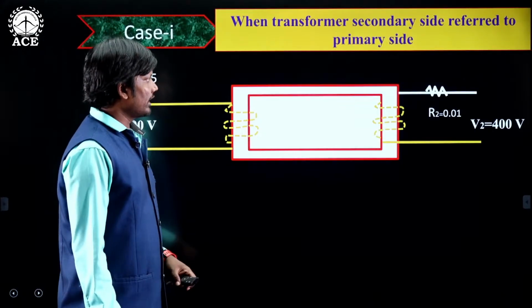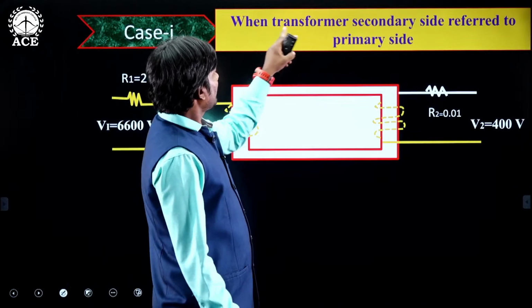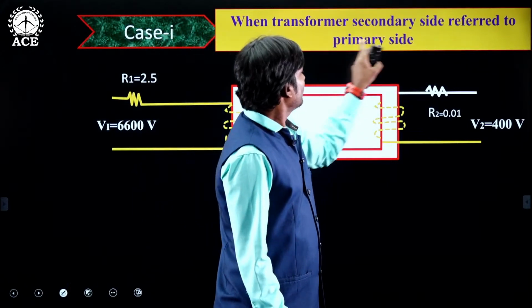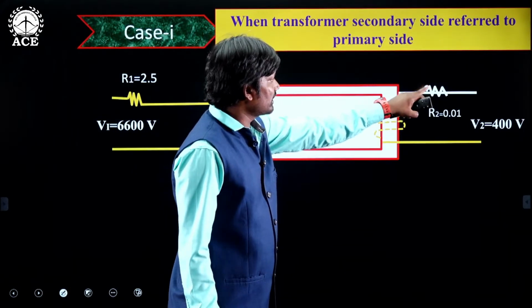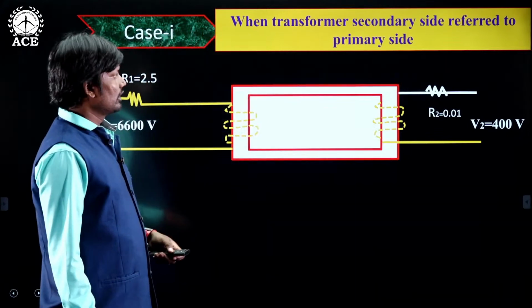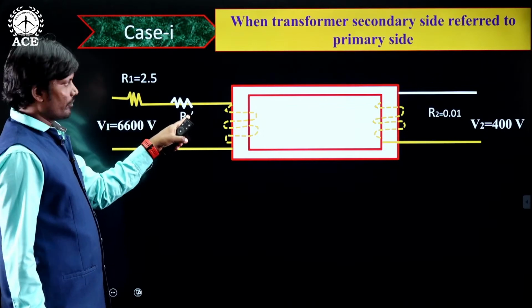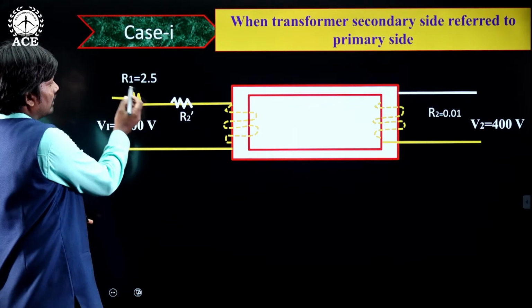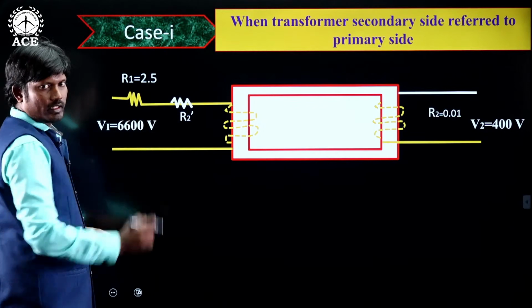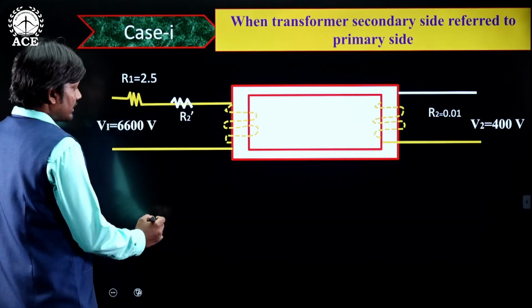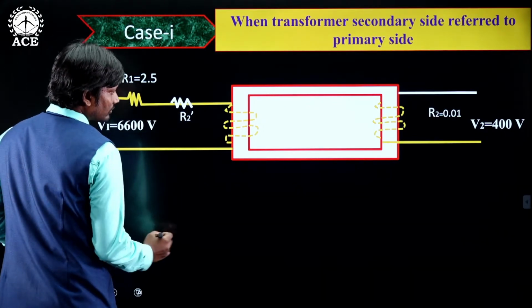Now the first case, when the transformer secondary side is referred to the primary side, this resistance comes here and becomes R2 dash. Now the resistances R1 and R2 dash are connected in series. So what is the equivalent resistance of the series connection?